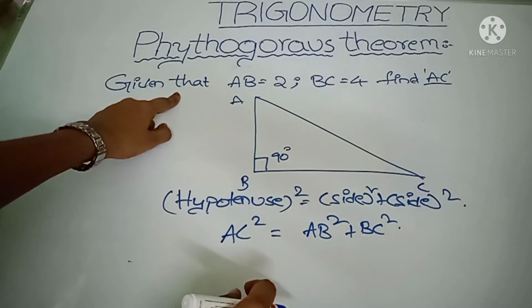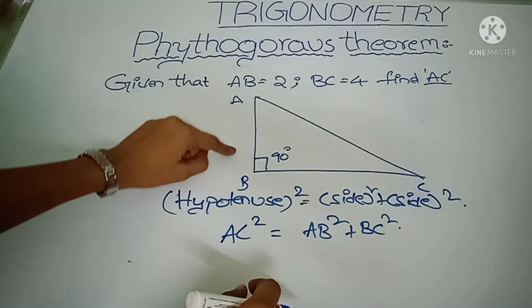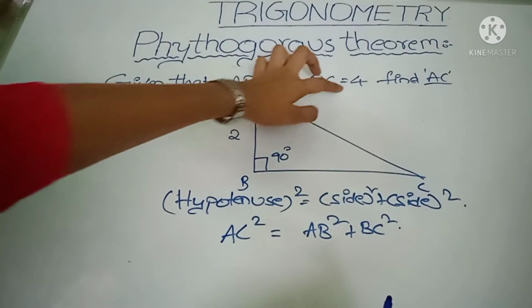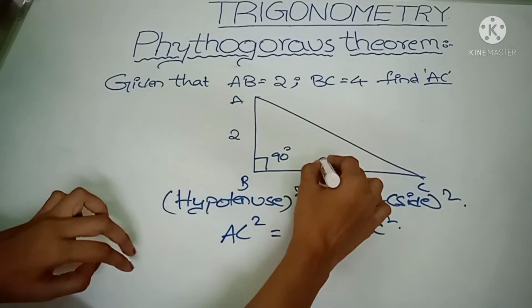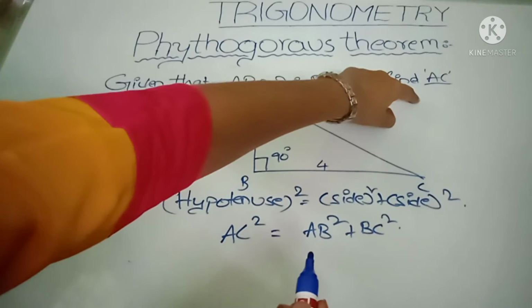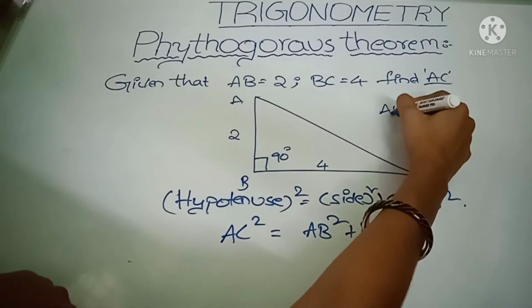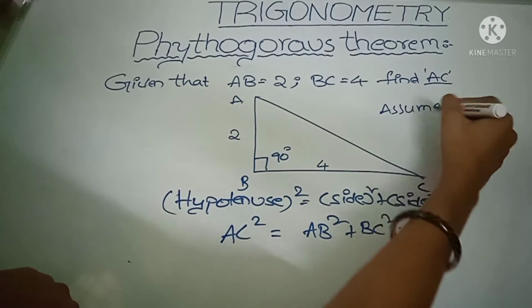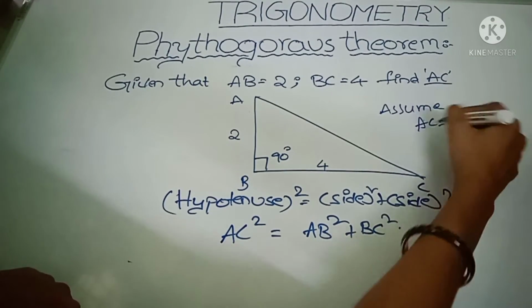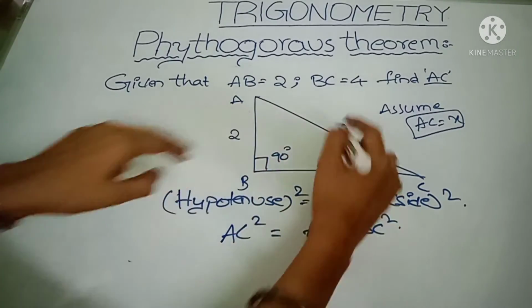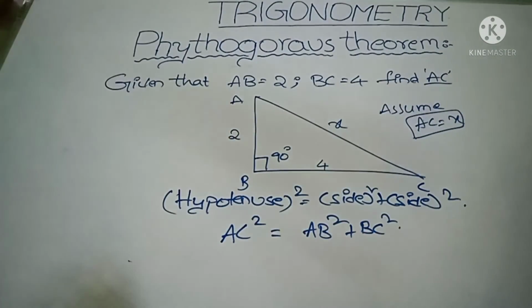Given that AB is 2 and BC is 4, we need to find the AC value. Just assume AC is equal to X.